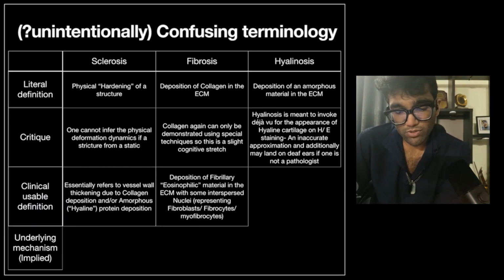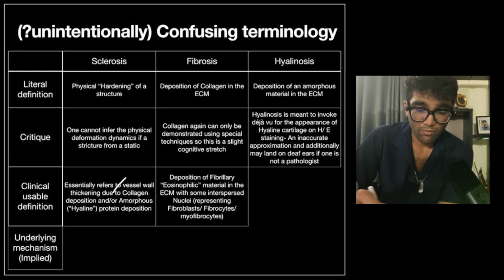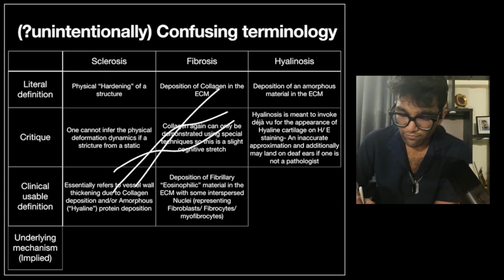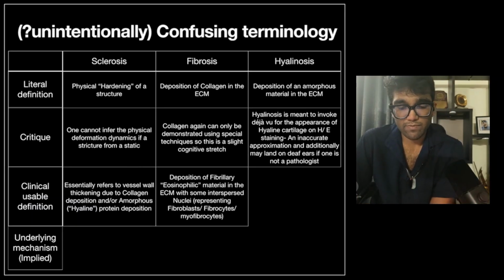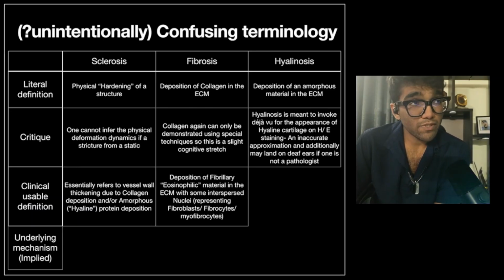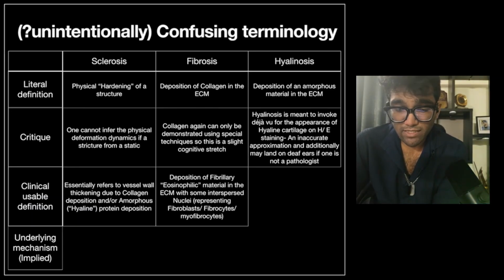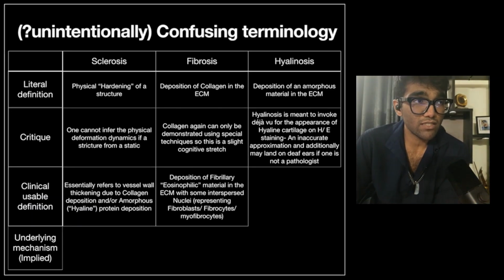Fibrosis is due to deposition of collagen, but essentially it means that a fibrillary or branching pattern of eosinophilic material is being deposited in the extracellular matrix with some interspersed nuclei, and these nuclei actually represent the cells that are depositing this collagen or these proteins. That means fibroblasts, fibrocytes, and myofibroblasts.